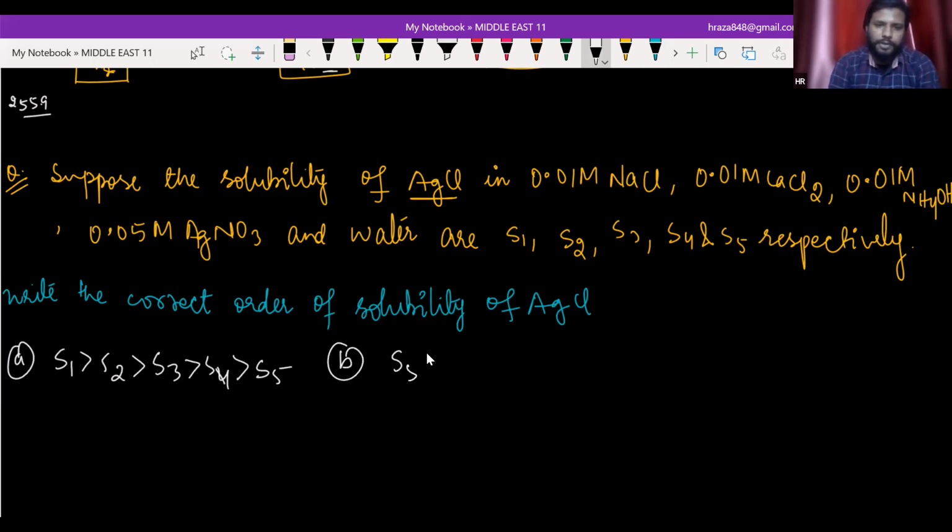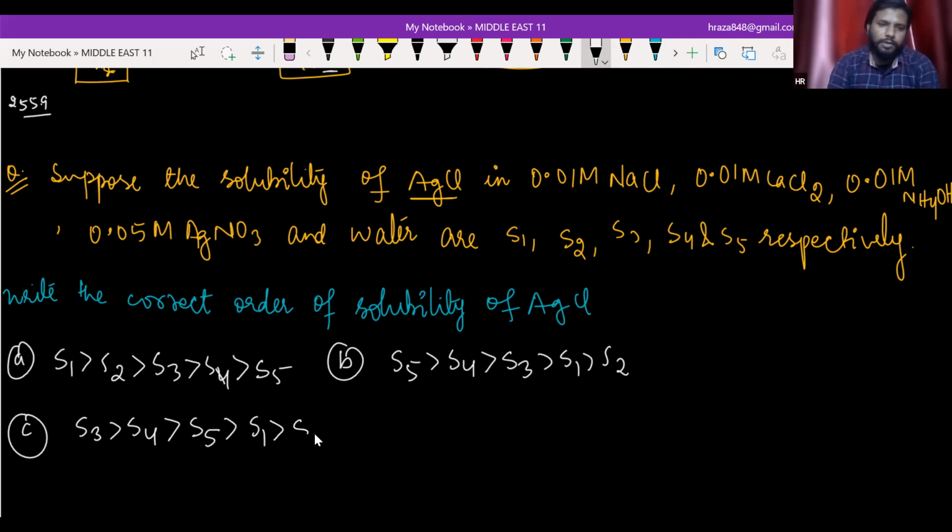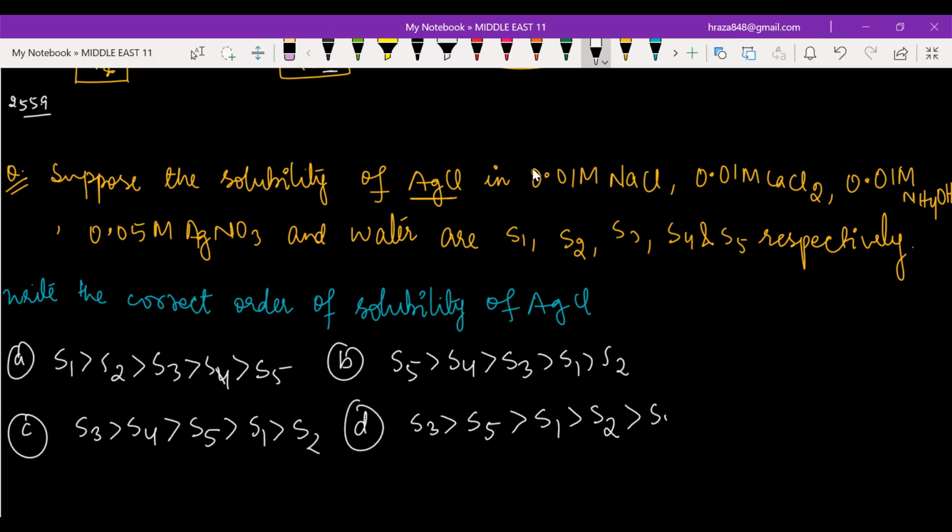B option is S5, S4, S3, S1, S2. C option is S3, S5, S4, S1, S2. D option is S3, S5, S1, S2, S4. Think about the question. It's so easy to do.